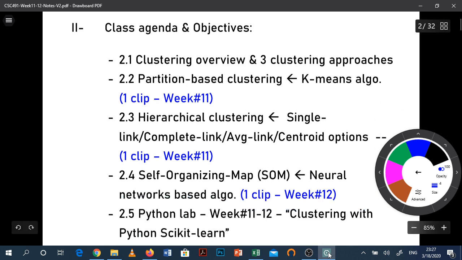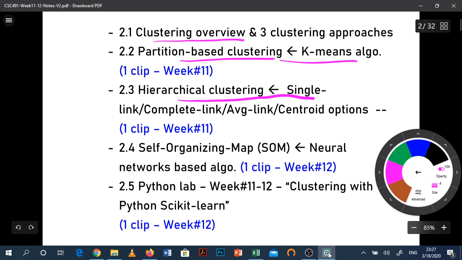So overall for clustering, I will make you the first short clip, an overview of what clustering is and the details about it. Later on we will have another clip about partition-based clustering, such as the k-means algorithm, and another clip on hierarchical clustering, with all the varieties of them.